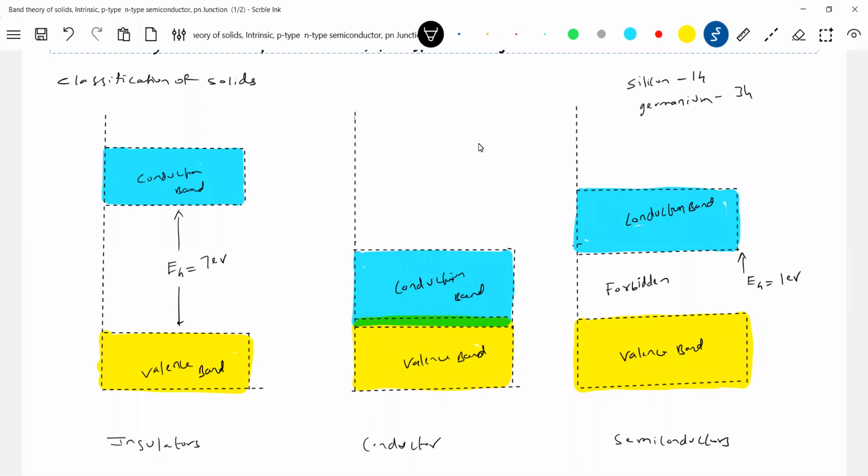Let me take the silicon example so that I can draw a few number of electrons.